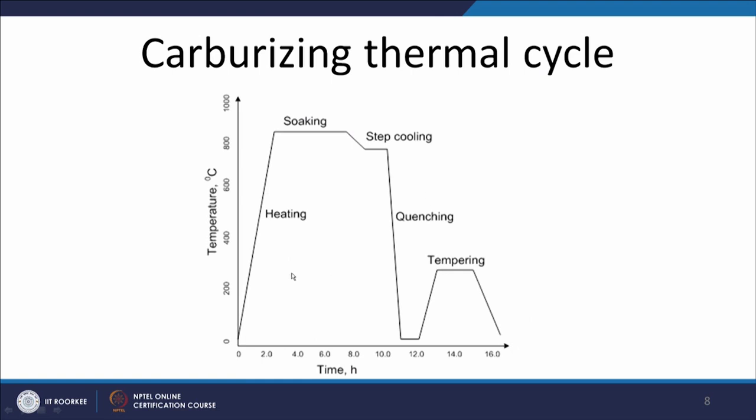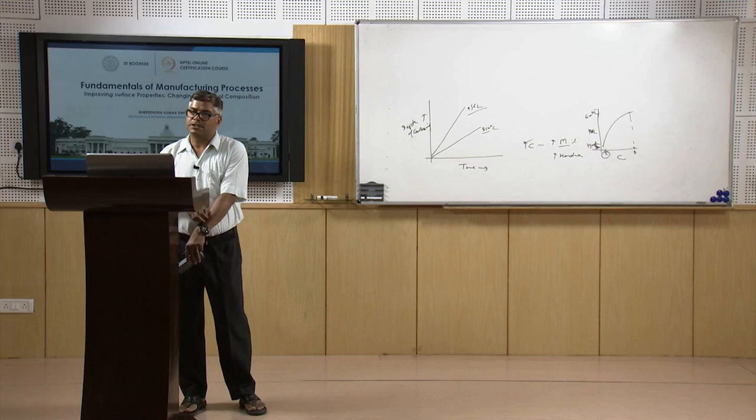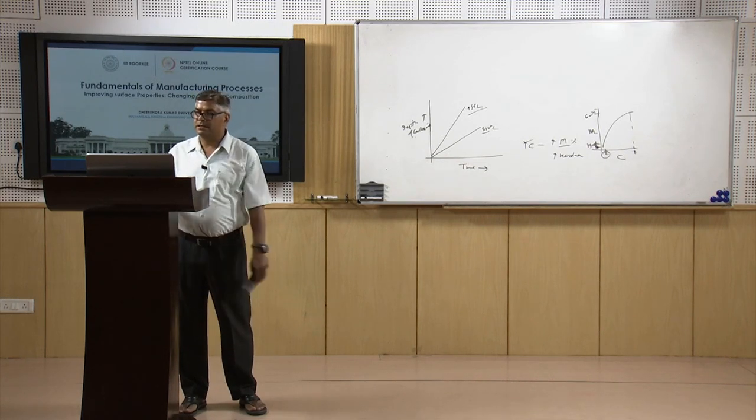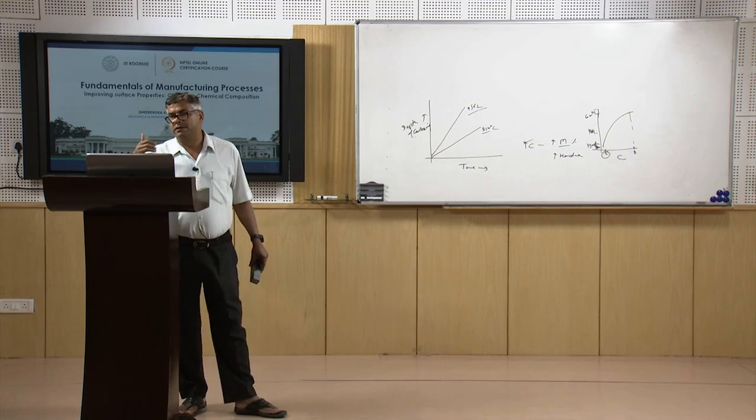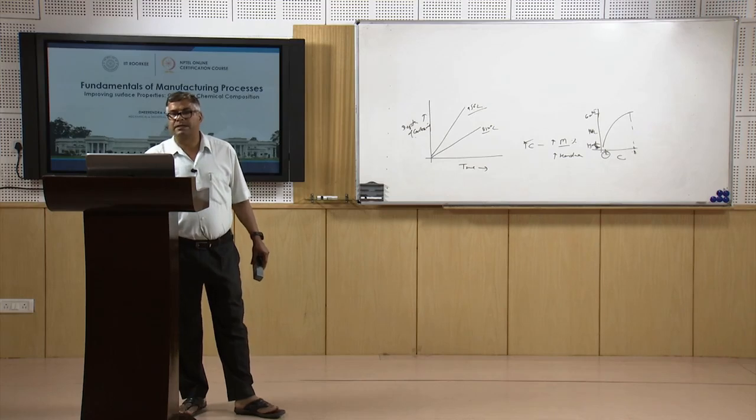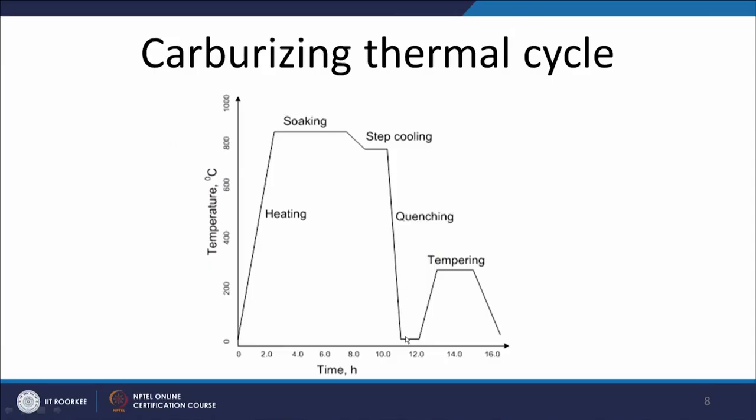This is a typical heat treatment cycle used for carburizing. Initially there is heating, then holding, during which carbon enrichment takes place, then step cooling is carried out to avoid residual stress formation, or the distortion tendency due to thermal shock kind of conditions. Step cooling helps in avoiding cracking as well as distortion. Thereafter, rapid quenching produces the martensite transformation, and after the martensite is formed, it is tempered.